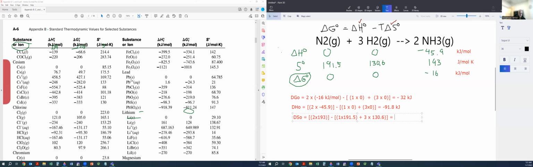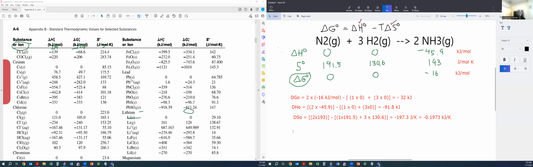I get negative, I hope I did it right, negative 197.3 joules per Kelvin, because I'm multiplying by 2 moles and 1 mole and 3 moles, which is equal to negative 0.1973 kilojoules per Kelvin. It would make it all consistent.